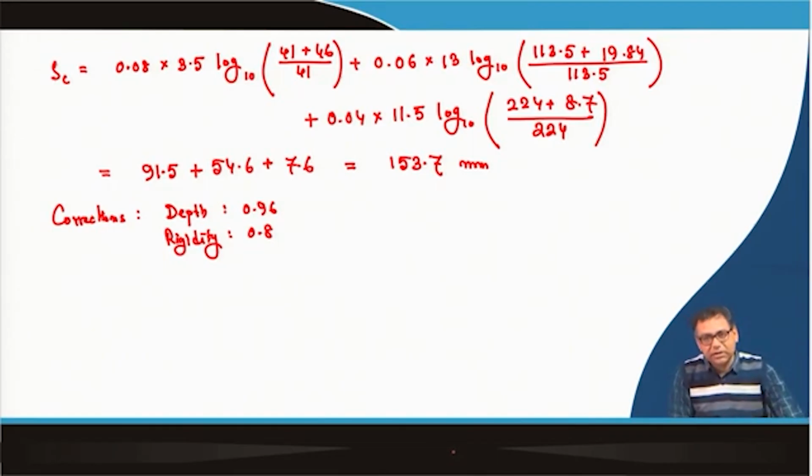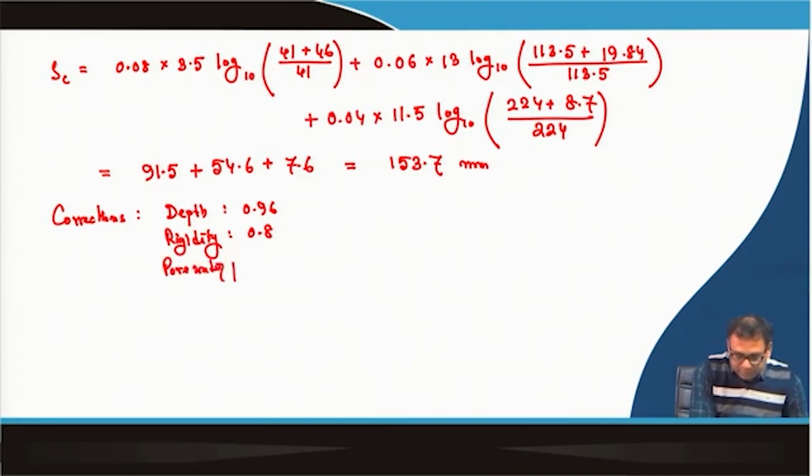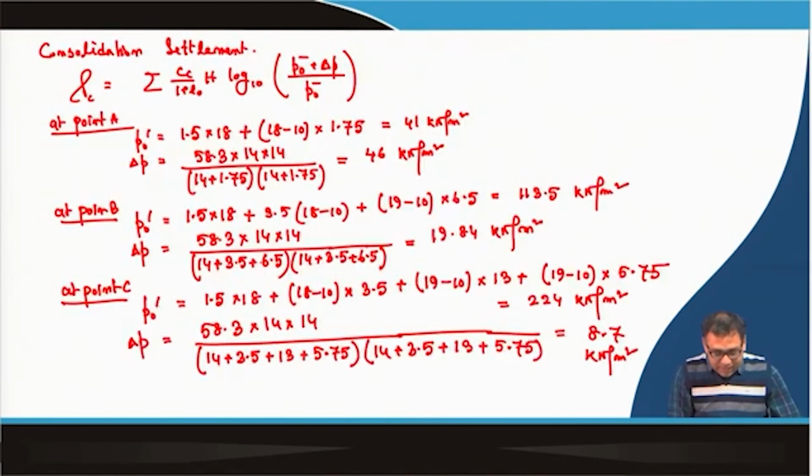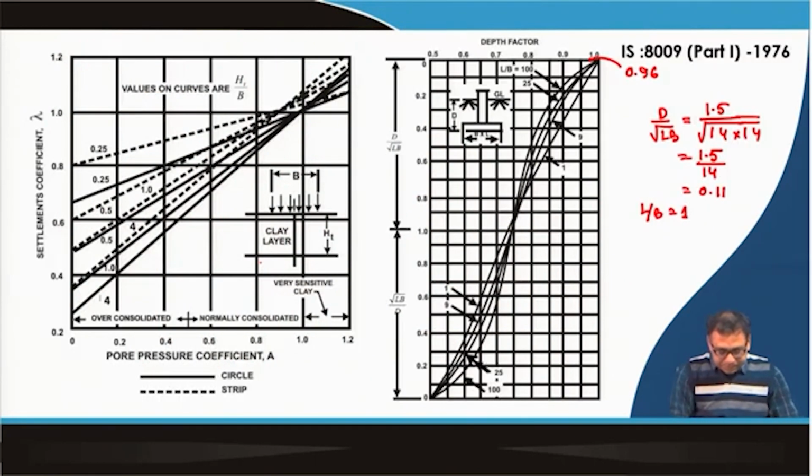settlement, that is the consolidation correction. Okay. So, that is the pore water pressure correction, and that value we will take from the chart; you can see we have a chart. So, we can use the square footing part.